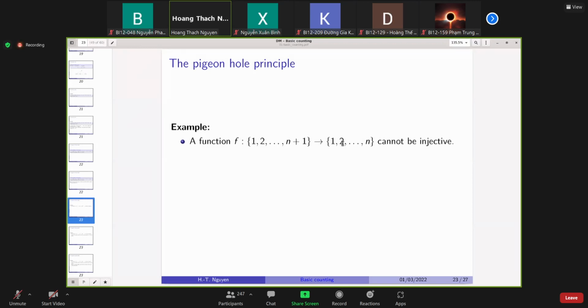Okay, injective here means, do you know what injective is? Injective in Vietnamese is đơn ảnh.